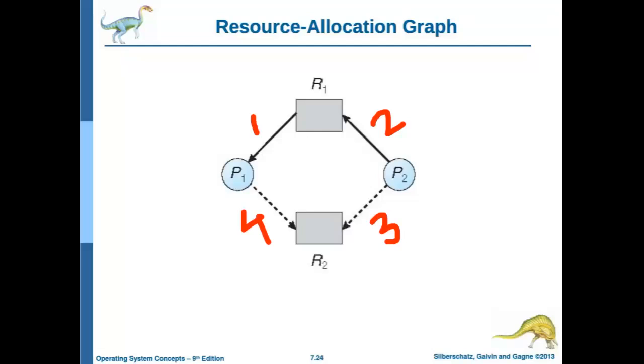So 73% gave the correct answer. Still I can see 7 students out of 91 saying it is assignment, where I already mentioned that R1 to P1 is assignment, P2 to R1 is the request, and the dotted line is there.